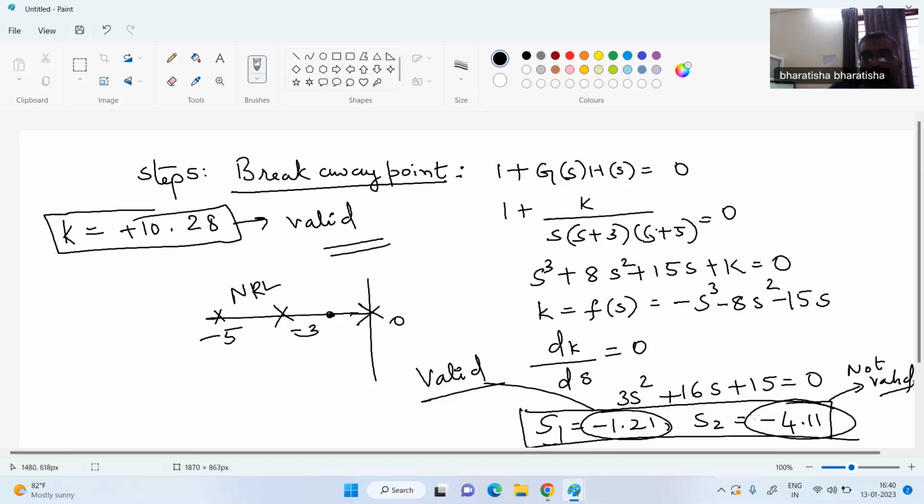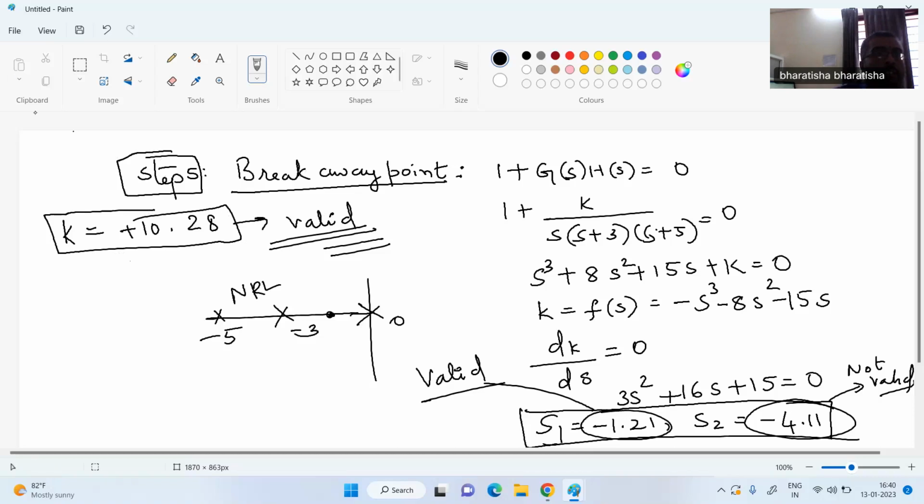If you substitute minus 4.11, the k value becomes negative, and hence again it will not be a valid breakaway point. Since the k value is positive, it will be a valid breakaway point. Is it clear? This is step 5, where I can find the breakaway point.